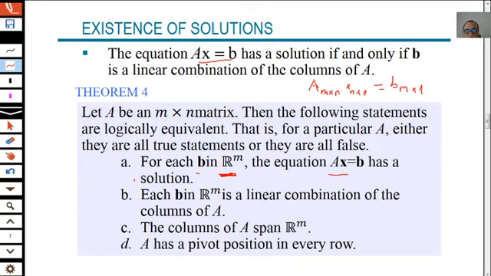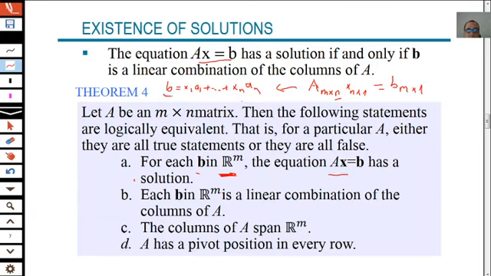So each vector in Rm is a linear combination of the columns of A, because it corresponds to the linear combination of the columns, x1 a1 + ... + xn an, which is equal to b. We have n columns here, and a1, a2, ..., an have m components.